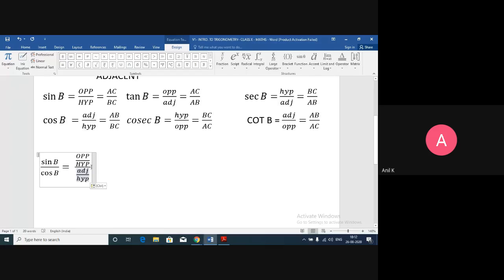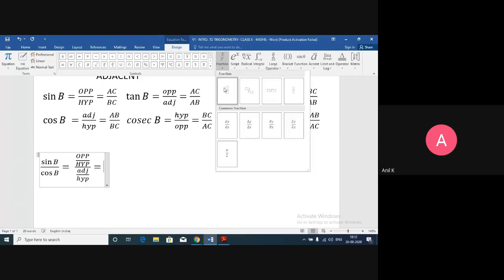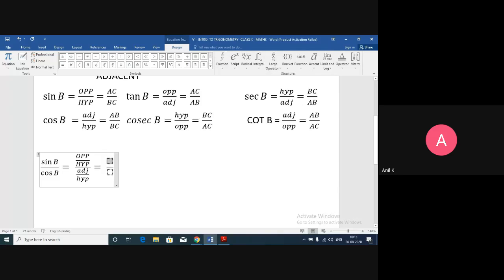Now if I simplify both of them, what do you get here? Both the denominators will get cancelled, because this is also hypotenuse, this is also hypotenuse, so the values remain the same, both will get cancelled. I am left with opposite upon adjacent. But opposite upon adjacent is the definition of tan B. Tan B is nothing but opposite upon adjacent.